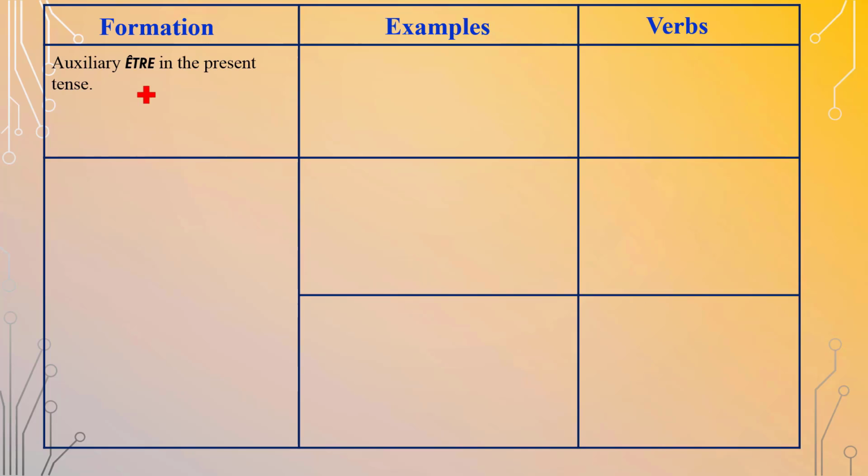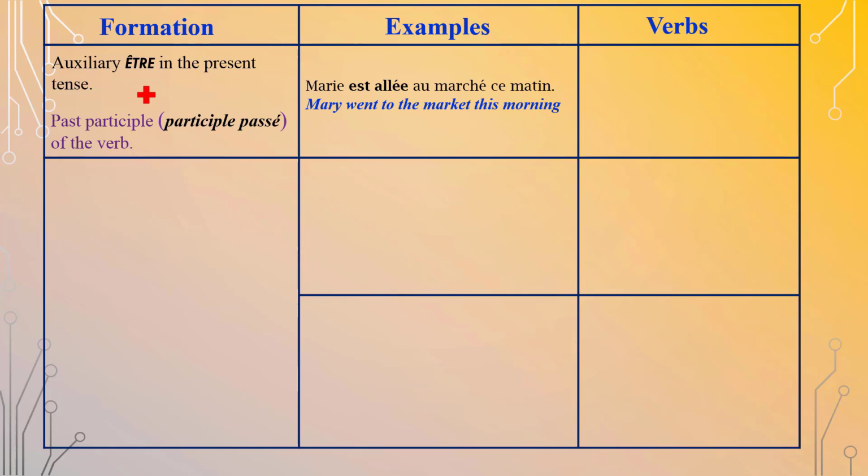So to summarize what we have seen so far in just one table, auxiliary être in the present tense plus past participle. Marie est allée au marché ce matin.